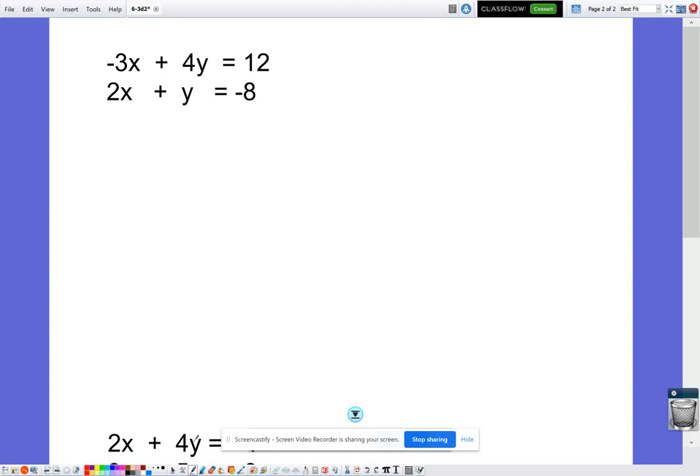So this next one, if we want to look at the y's, here we have the y's. If we want to get exact opposites, I would have to multiply the bottom equation by a -4. So I get negative 3x plus 4y equals 12.